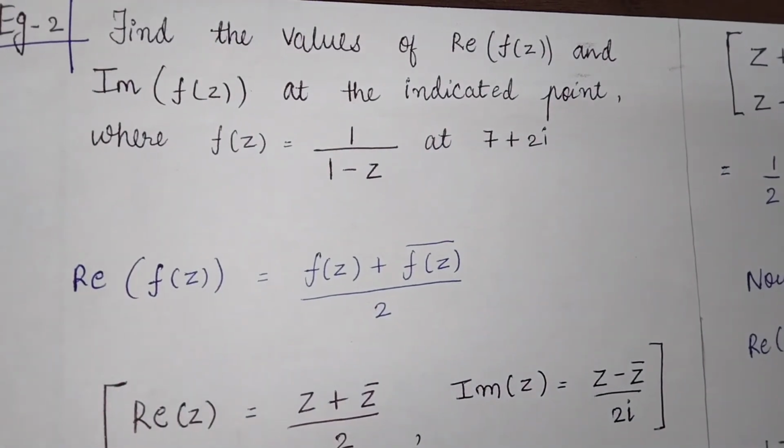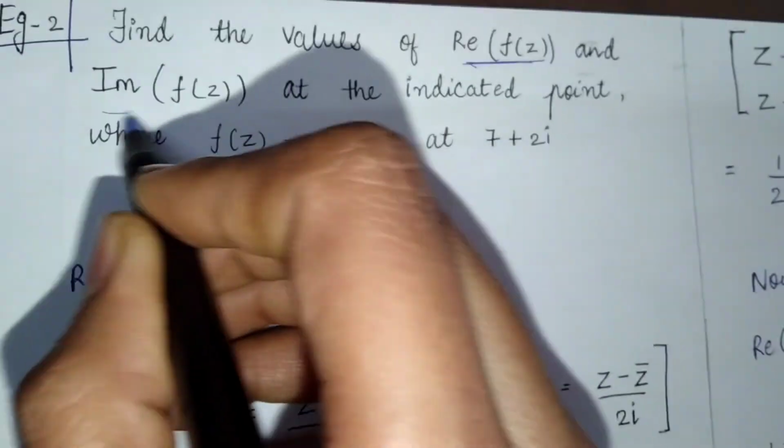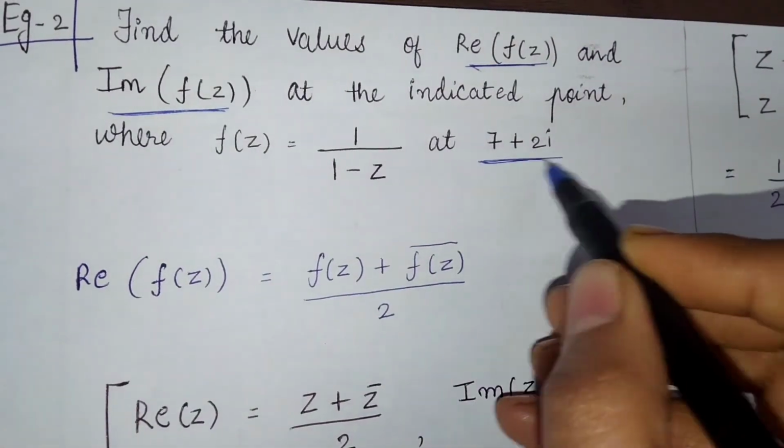Find the values of the real part of f of z and the imaginary part of f of z at the indicated point, where f of z is equal to 1 by 1 minus z at 7 plus 2i. Now we have to find real part of f of z and imaginary part of f of z. We have to find both the terms at this point.